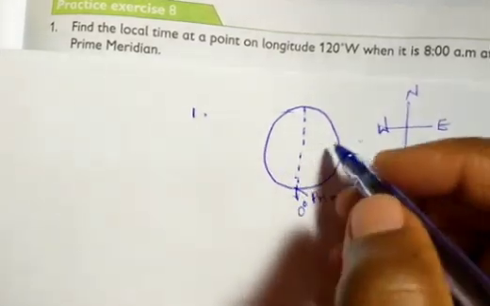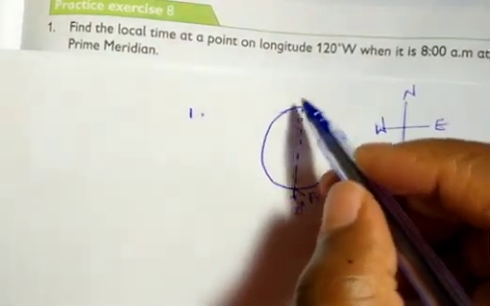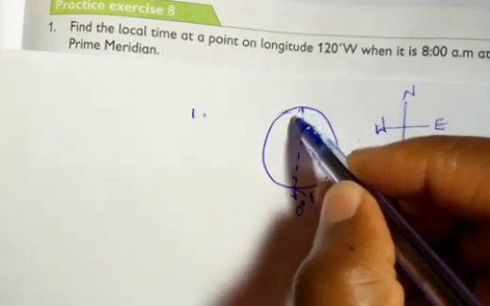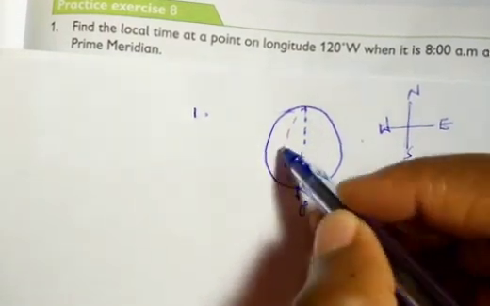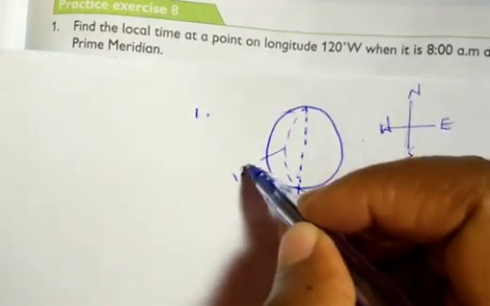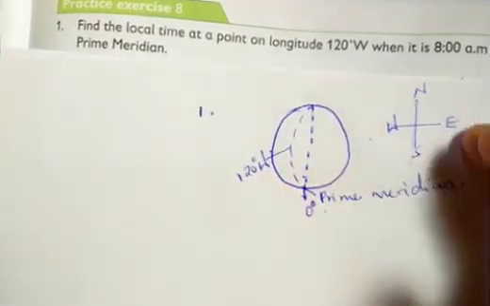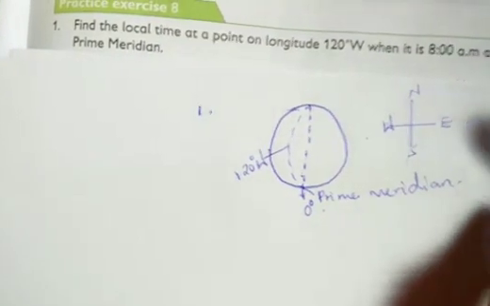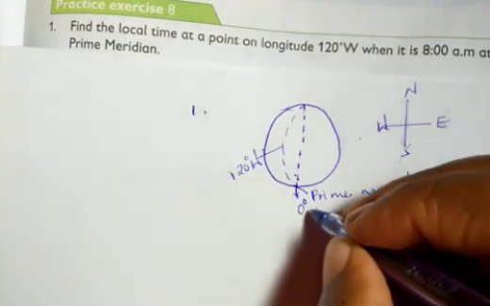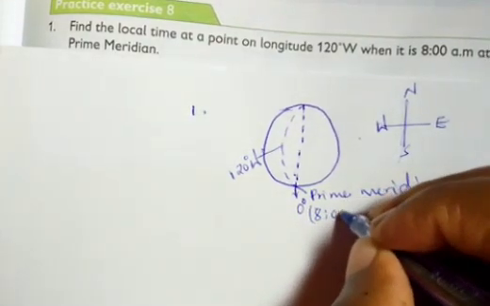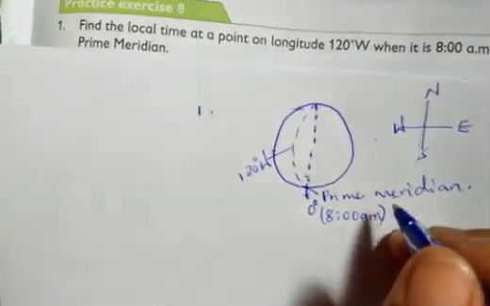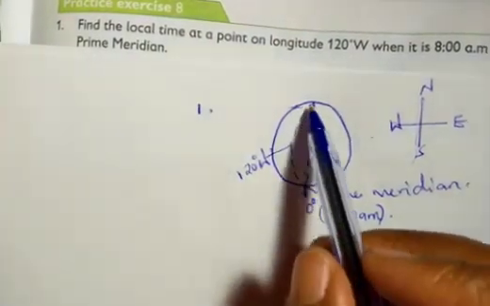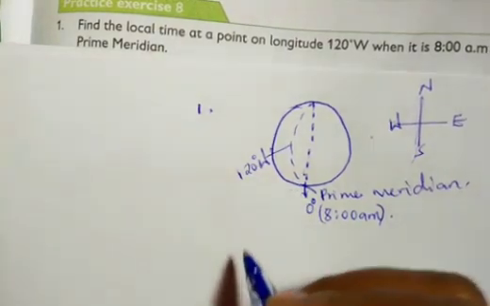So we'll have a sketch of 120 degrees west longitude somewhere there, and this is 120 degrees west, just a sketch. We are told that when it is 8 a.m. at the prime meridian, the prime meridian is 8 a.m. We are supposed to find the longitude difference between 0 degrees and 120 degrees.